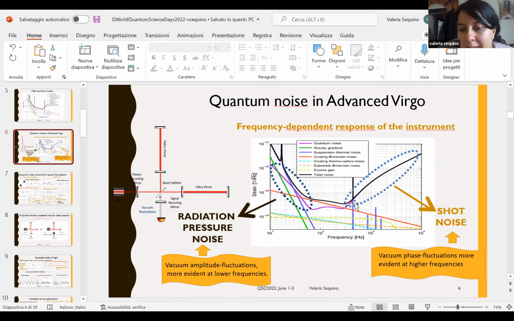But this effect is due to the Fabry-Perot cavities inside the arms of the interferometer that act as a filter. The cavity has a pole at this frequency. That's why we have this modulation of the curve of the quantum noise.